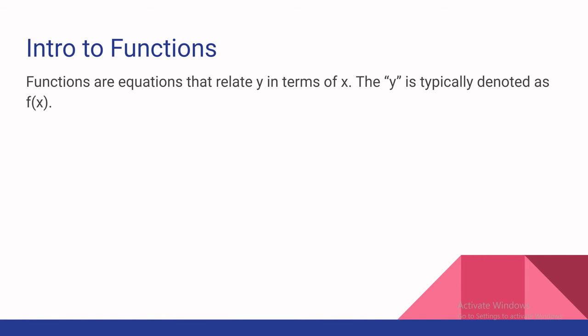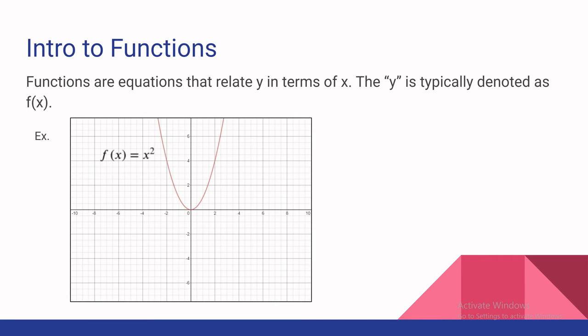Now, let's get into a bit of functions. Functions are important in graphing. So, functions are equations that relate y in terms of x. The y is typically denoted as f of x to demonstrate that the function is taken in terms of x. So, here's an example. This is a function f of x equals x squared.